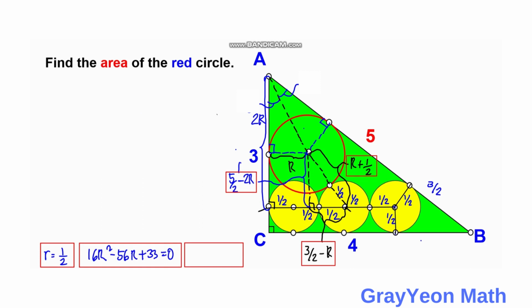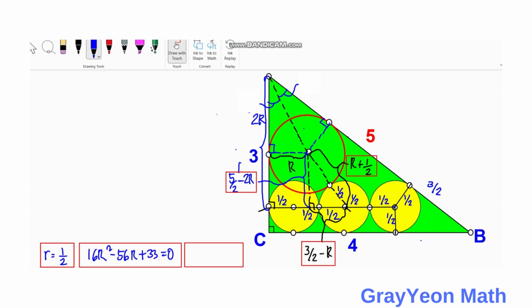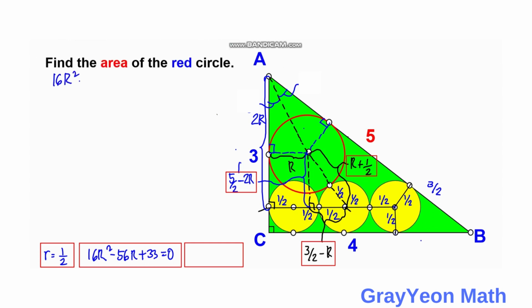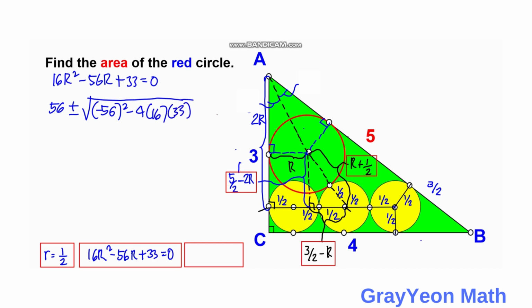Okay, so solving this resulting quadratic equation by quadratic formula, 16r squared minus 56r plus 33 is equal to 0. So negative of negative 56, that is 56 plus or minus the square root of negative 56 squared minus 4 times 16 times 33, all over 2 times 16.